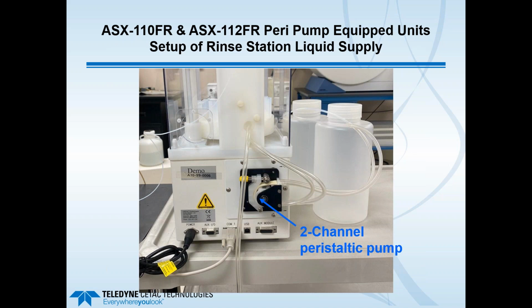I don't have them in the bottles, but those are two representative bottles that you could use for the rinse solution reservoir. Say one might be filled with deionized water for the pre-rinse. The other one might have an acid mixture for the full rinse. And the peristaltic pump is then used under control of the ASX-110-112 to supply the rinse station with a flowing stream of fresh rinse solution from those reservoir bottles.